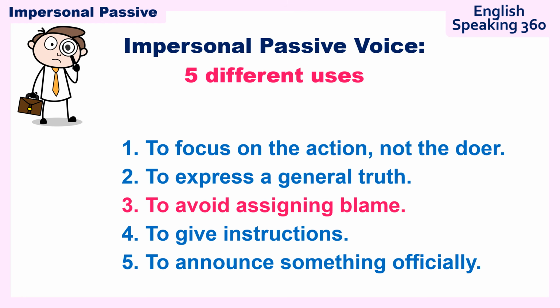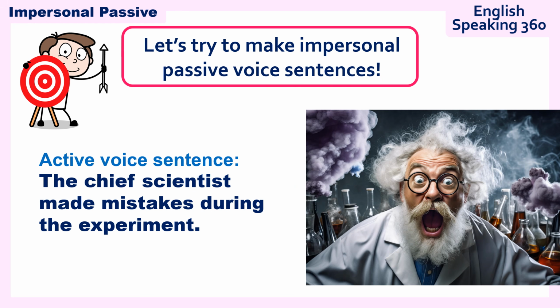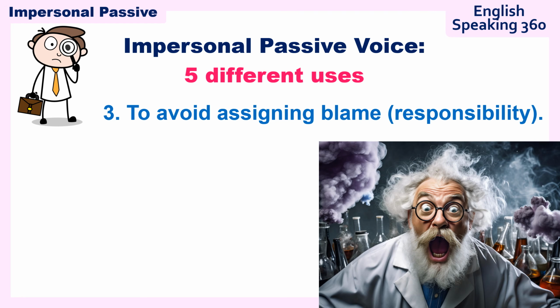Let's move on to the third one, to avoid assigning blame. And that is a key use of the impersonal passive voice. Here's an example. The chief scientist made mistakes during the experiment. Okay, now what would be the impersonal passive voice? Here it is. Now in this case, we want to avoid assigning blame or assigning responsibility.